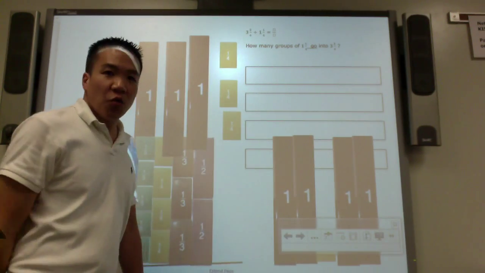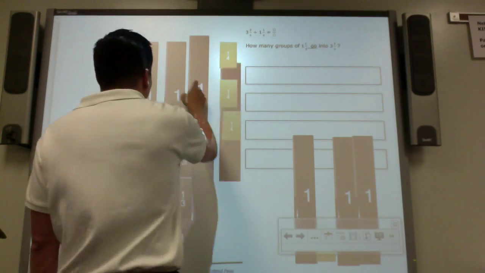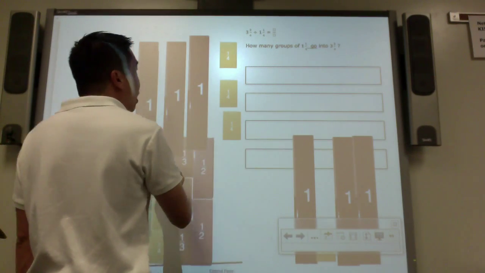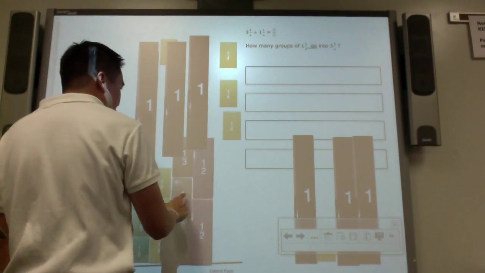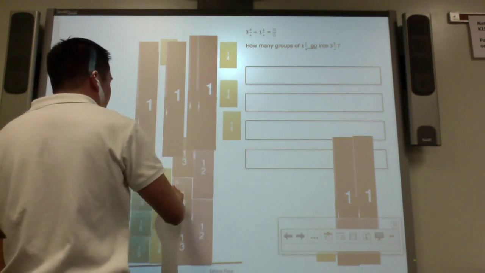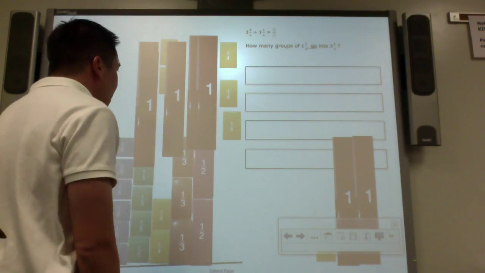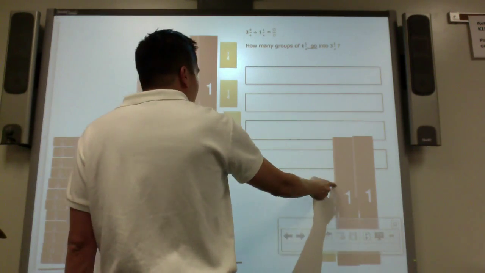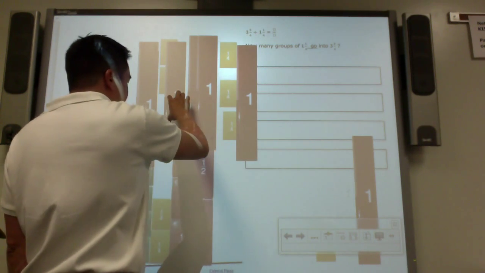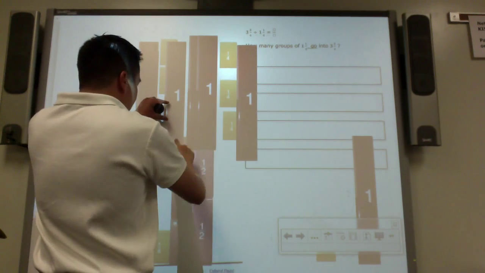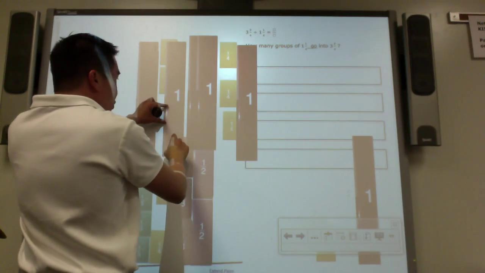Next one, we have 3 and 3/4. How many groups of 1 and 1/4 go into it? One group, we have another group, and then if you put this one with this one, you have a leftover one.